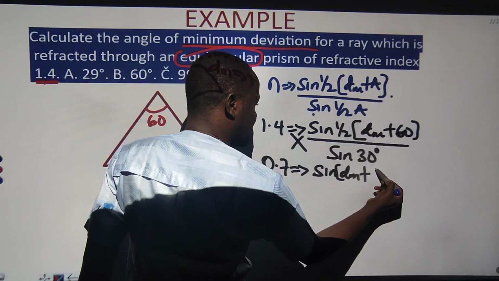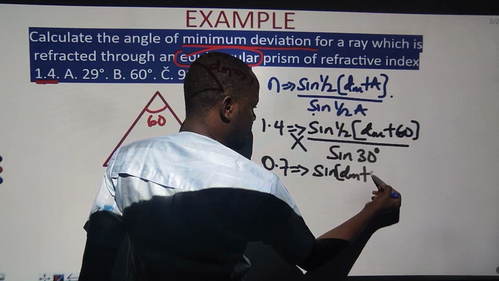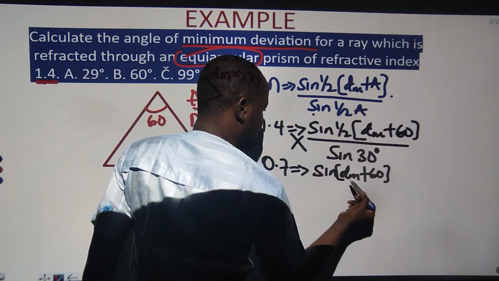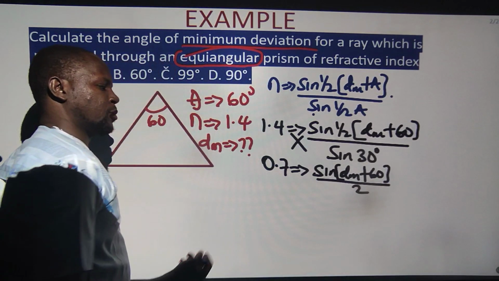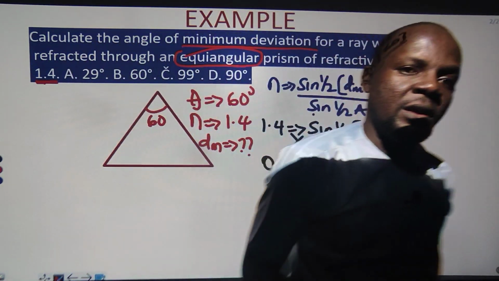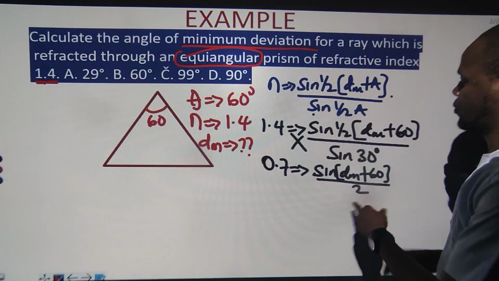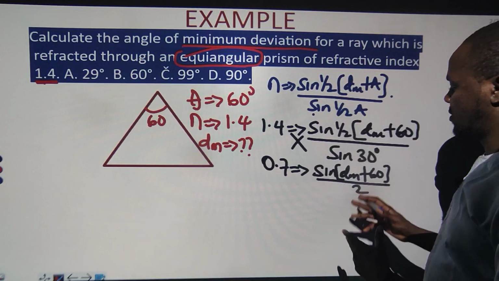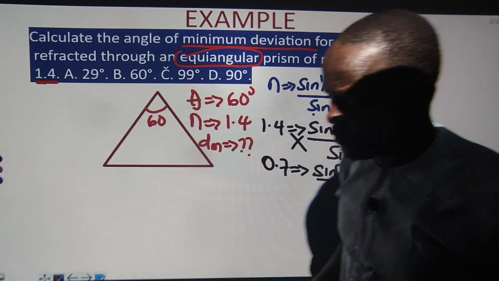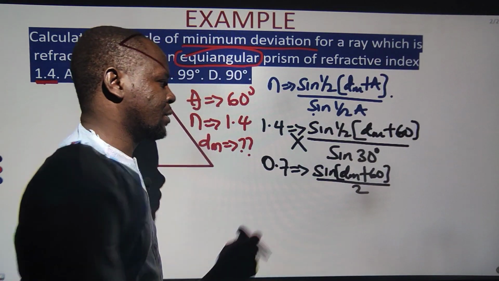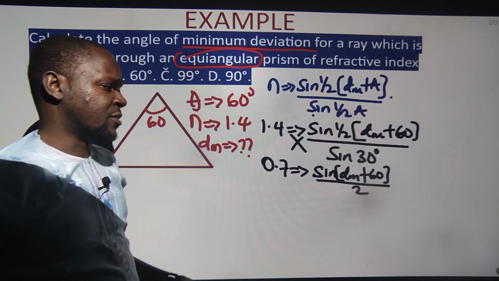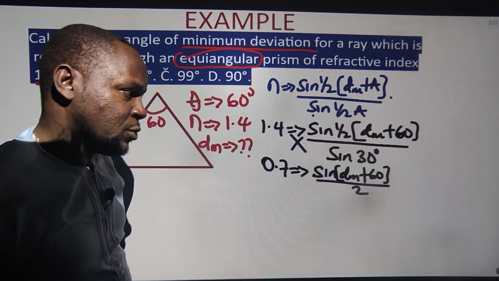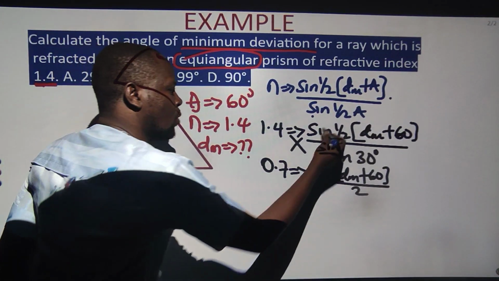Please listen: this is where most students make mistakes. Because of the over 2, they want to cross multiply. This is where the issue comes. You cannot cross multiply now. That is why, when I was writing this, I always try as much as possible to make sure you understand that it is 1 over 2.